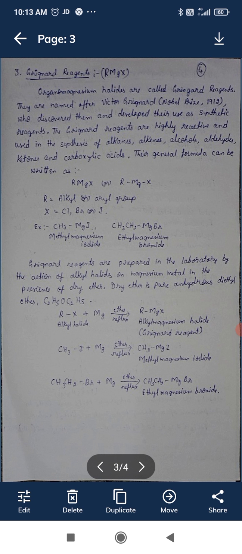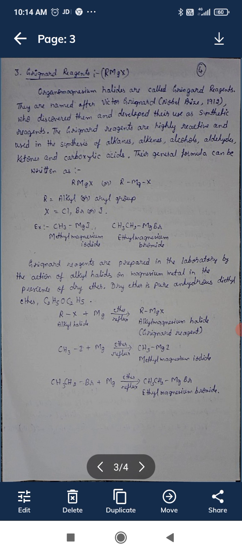Any organomagnesium halide can be called a Grignard reagent. X can be chloride, bromide, or iodide.